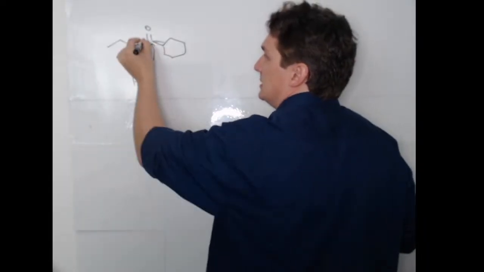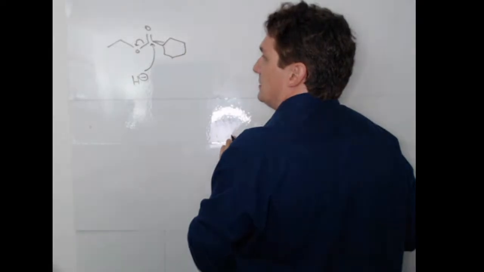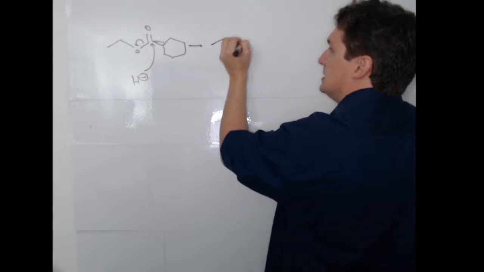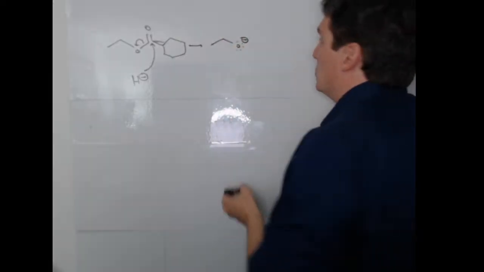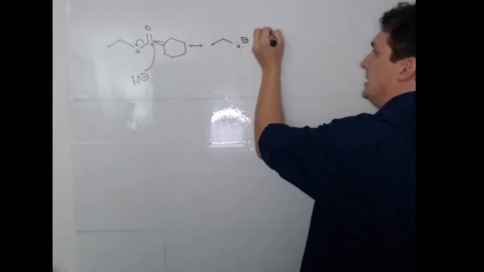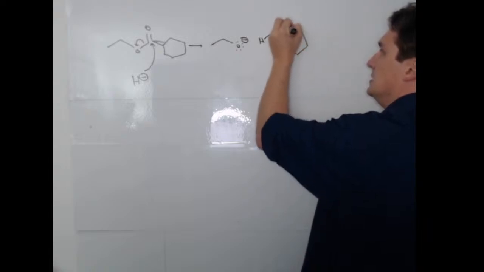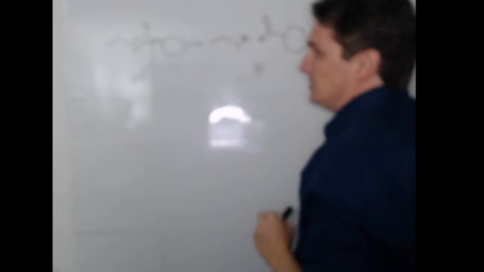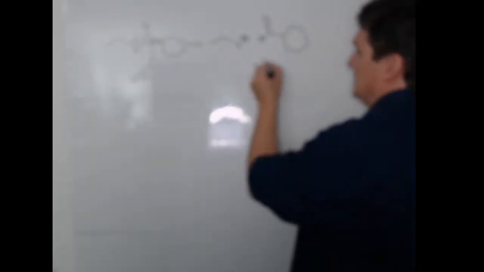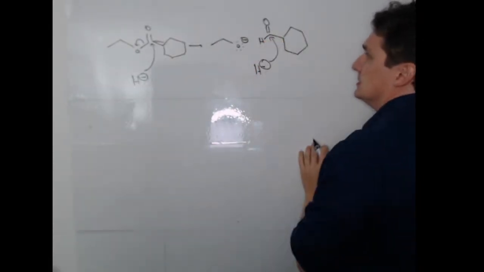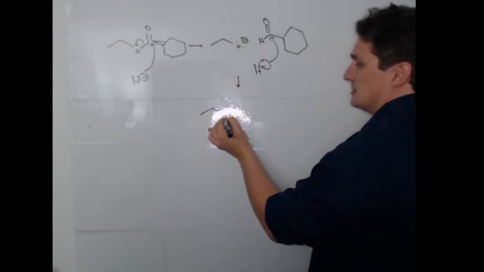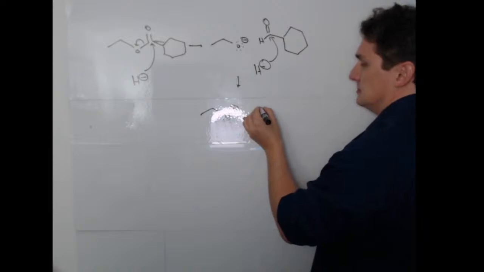We're going to attack here, and this is going to break off the alcohol to give you the alkoxide. Alkoxides are definitely more stable than hydrides. And you finish up with the aldehyde. The second hydride, the H negative here, is going to attack the carbonyl again. This will end up giving us a second alkoxide.